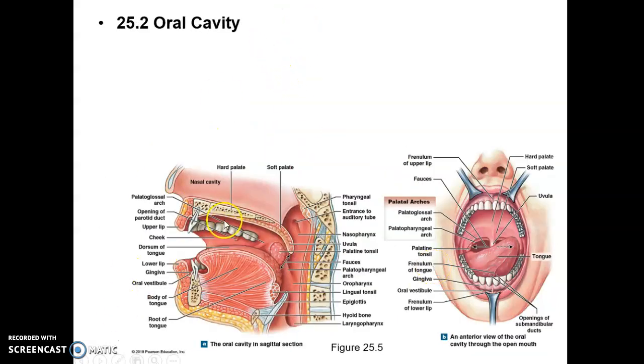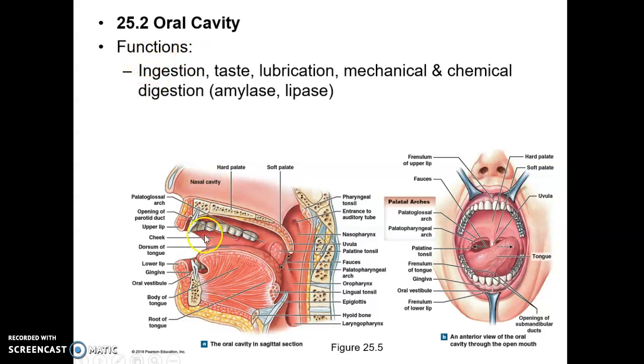Okay, let's move on to the oral cavity. Functions: ingestion of food, tasting of the food. Remember the taste buds. Lubrication in the sense of releasing mucus and saliva. Mechanical and chemical digestion. So mechanical, the chewing of the food, moving it around with the tongue.